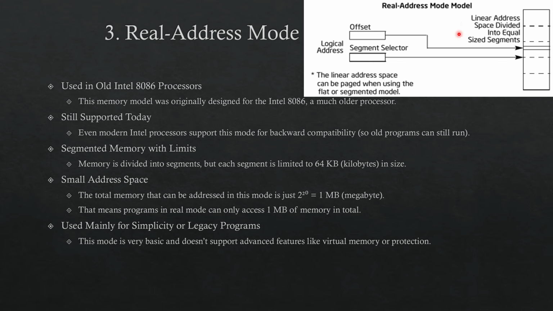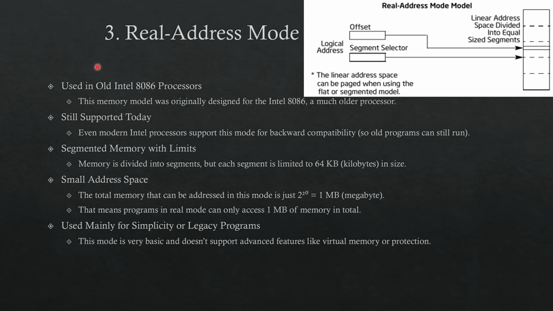of real address mode. The figure is somewhat the same as that of the protected mode, but it is a little different. So over here the logical address is there, offset and segment selectors are there, but no segments as such.